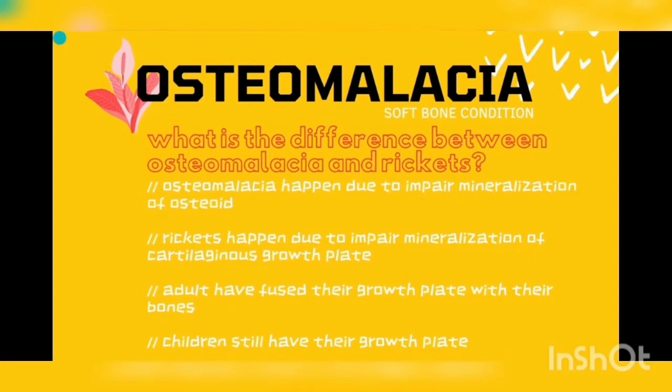Basically, osteomalacia happens due to impaired mineralization of osteoid, while rickets happens due to impaired mineralization of the cartilaginous growth plate. Adults have fused their growth plate with their bones. Meanwhile, children still have their growth plate, which can lead to rickets.